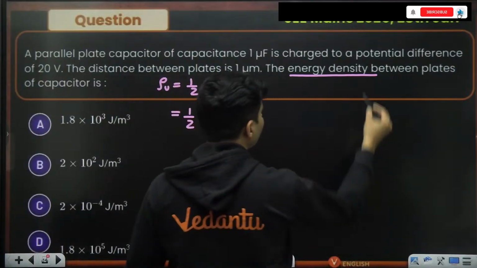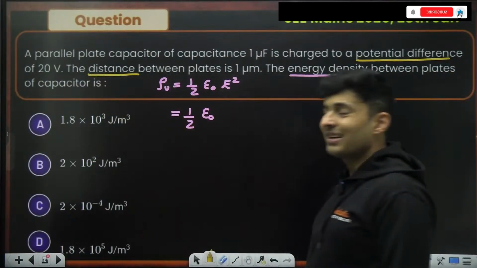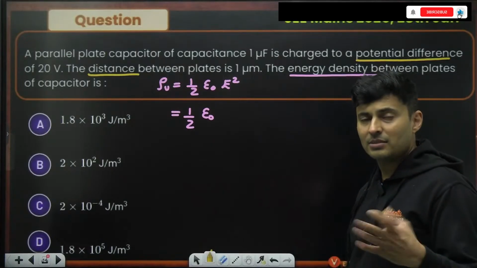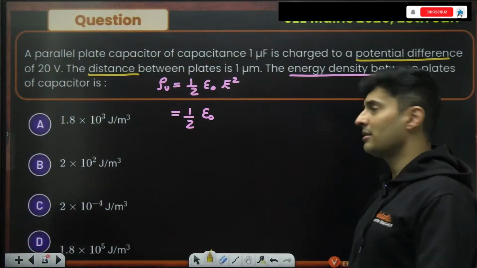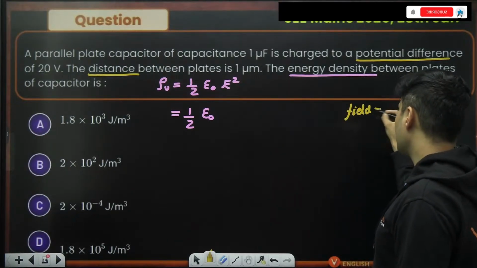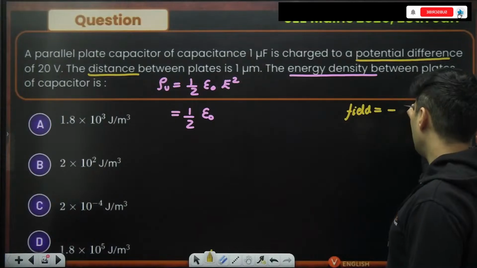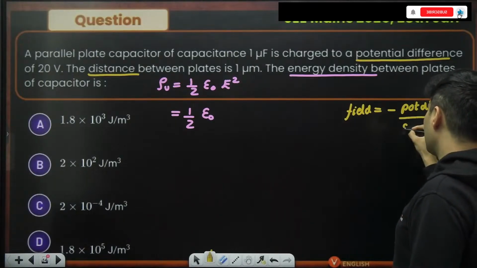I think it is given. The voltage difference is given and the distance is given. And if you recollect from the chapter of electrostatics, potential, field, there is a relation between field, potential and distance. And that is nothing but the field is the negative of the potential difference upon the separation.